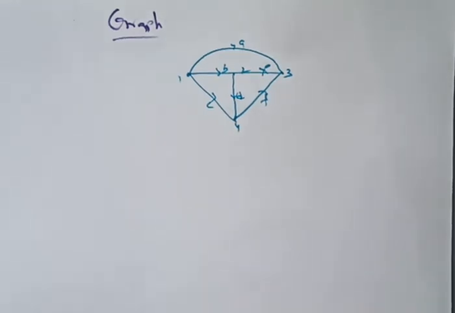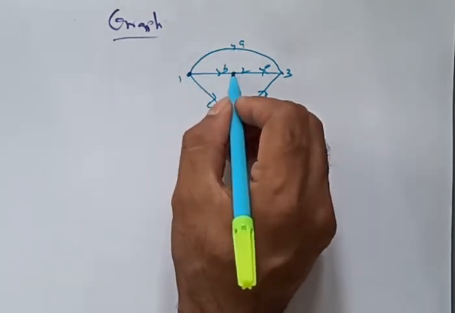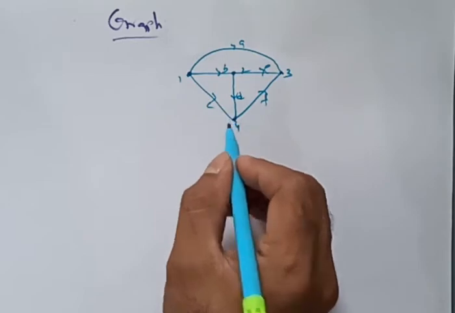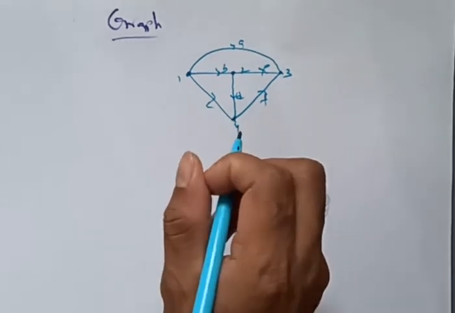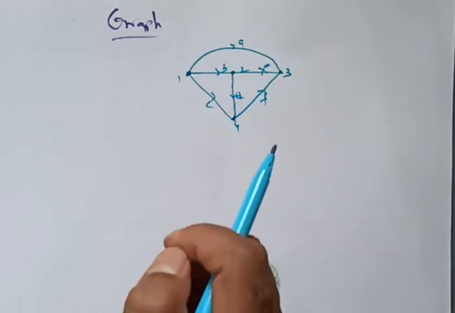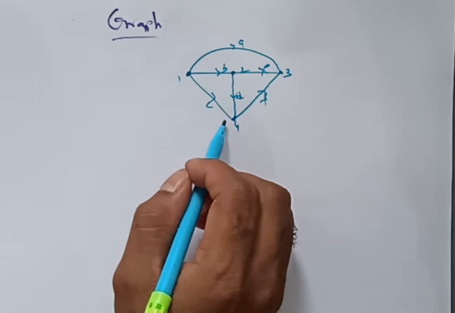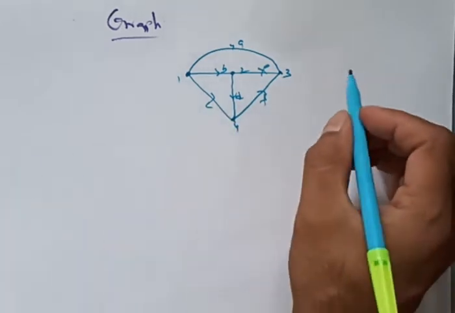In a graph, a node is a common point of 2 or more branches. So these points 1, 2, 3, 4 are the nodes, where one or more branches are connected. A branch is a line segment that connects two nodes.